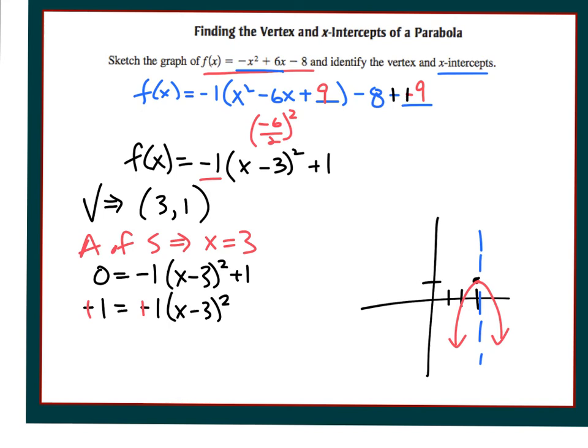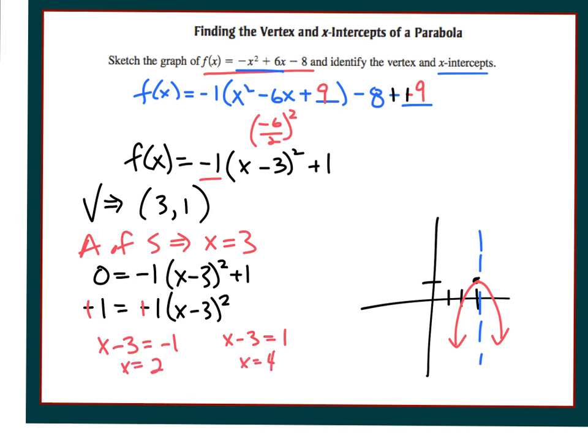I square root it. Okay, when I square root both sides, what needs to happen? I get a plus or minus. So the square root of 1 is really 1. So I get x minus 3 is equal to -1, and x minus 3 is equal to 1. So when I solve both of those, I get x is equal to what? 2, and x is equal to 4.